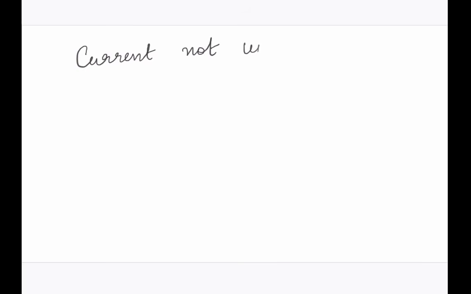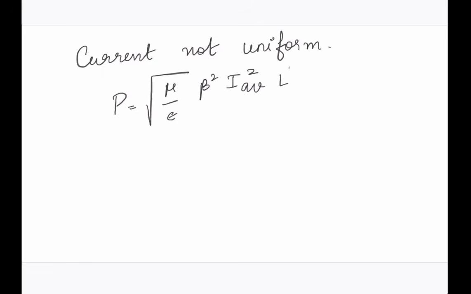If the current is not uniform, then the radiated power can be written as root of mu naught by epsilon naught, or mu by epsilon, beta square I average square by 12 pi into L square. Here I average is the amplitude of the average current on the dipole.